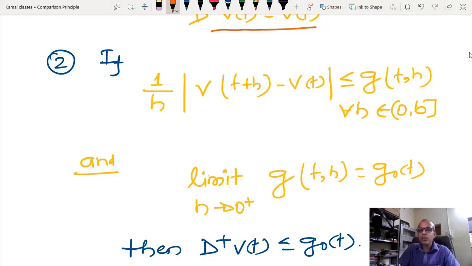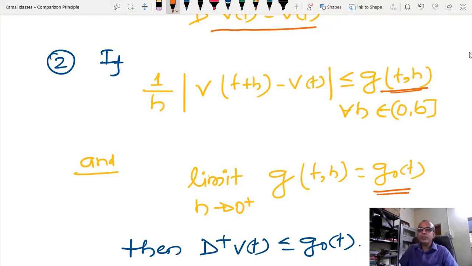What I am going to do now is look at the right hand derivative, and if that is bounded by some function g(t,h) in some interval, and if the limit of this equals g0, it means that if I apply the limit h tending towards 0, and for the time being I am not going to talk about the supremum here, then it is possible to show that since there exists a limit and 1 by h, finally this quantity, if I take the supremum, is going to be less than or equal to that quantity g0.